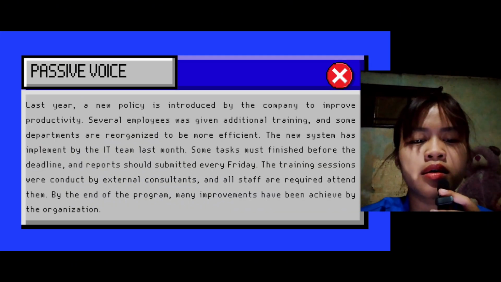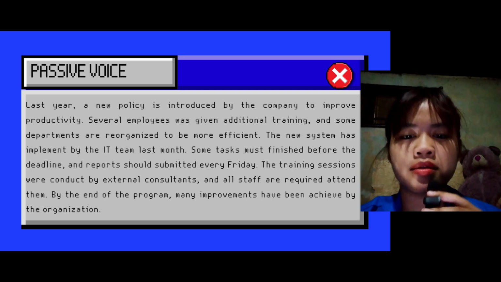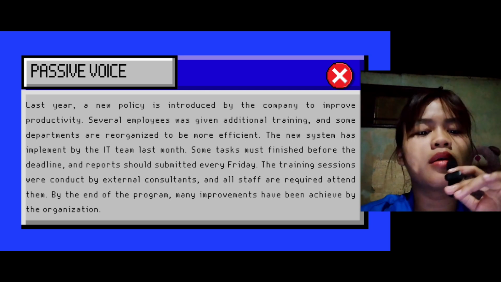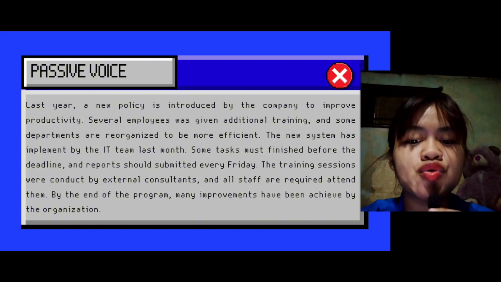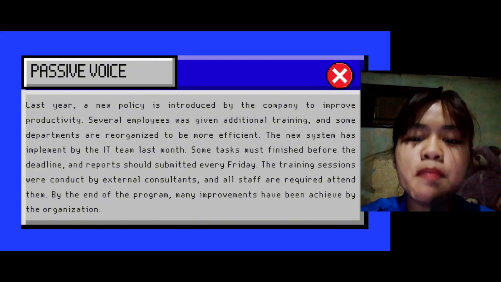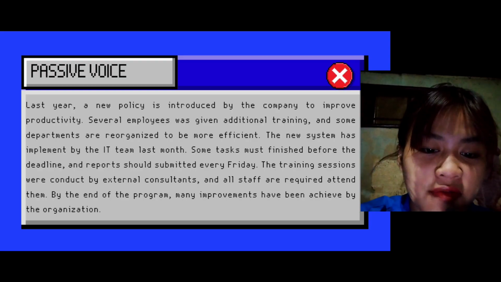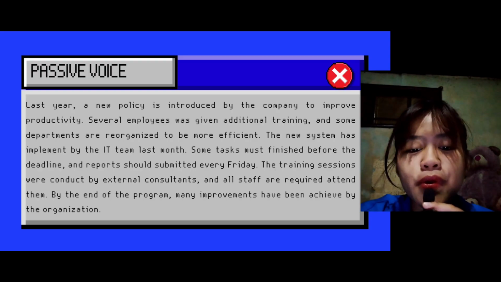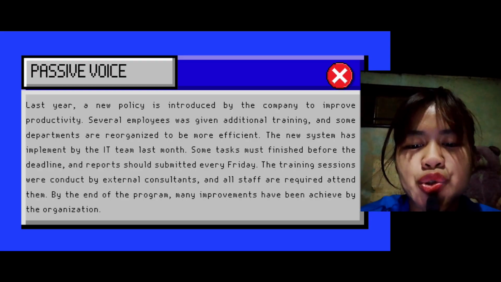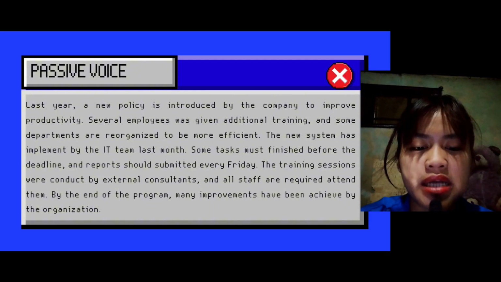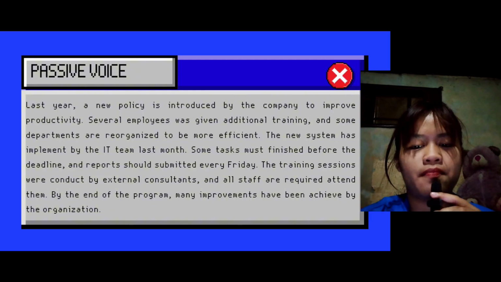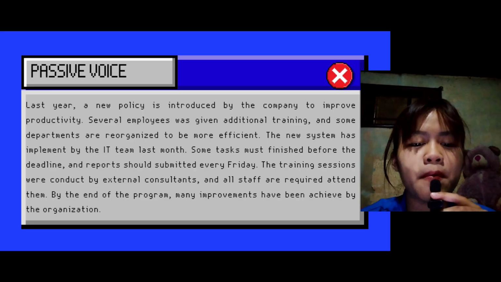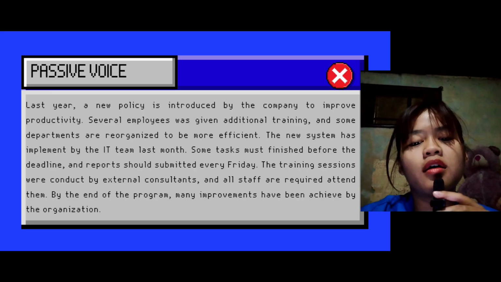For the passive voice, we have this paragraph. Let me read. Last year, a new policy is introduced by the company to improve productivity. Several employees was given additional training, and some departments are reorganized to be more efficient. The new system has implemented by the IT team last month.